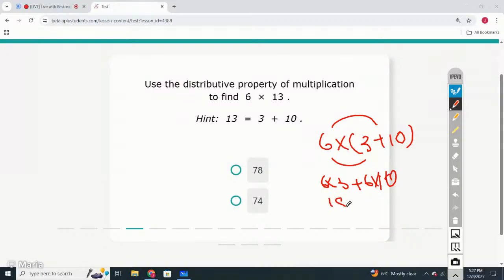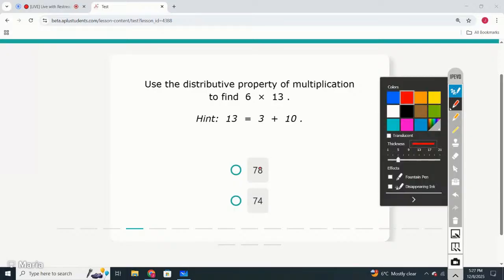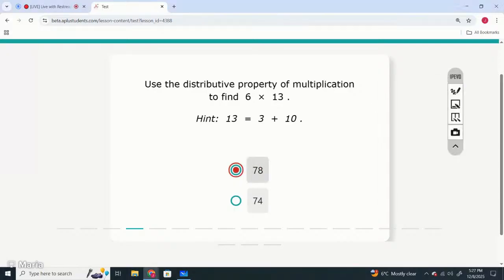So 6 times 3 is 18 and 6 times 10 is 60. So 60 plus 18 equals 78. Option number 1 is the correct option, that is 78.